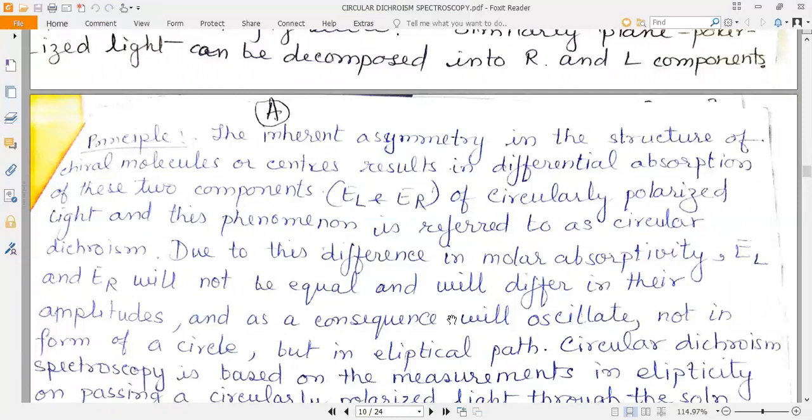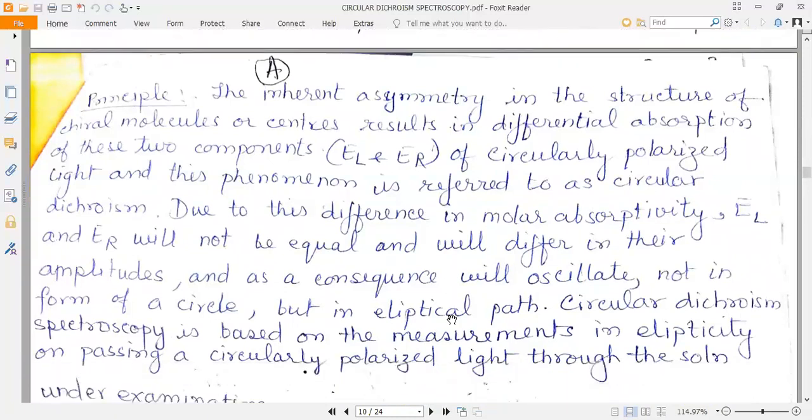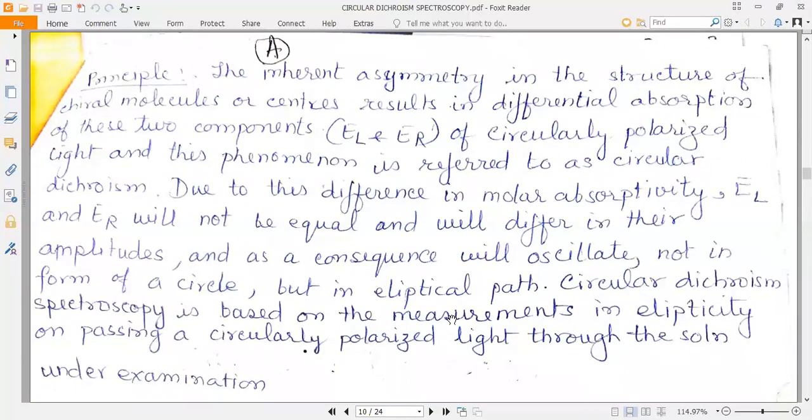This phenomenon we have seen already in the previous part of this chapter. Circular dichroism spectroscopy is based on the measurement of ellipticity on passing circularly polarized light through the solution under examination.